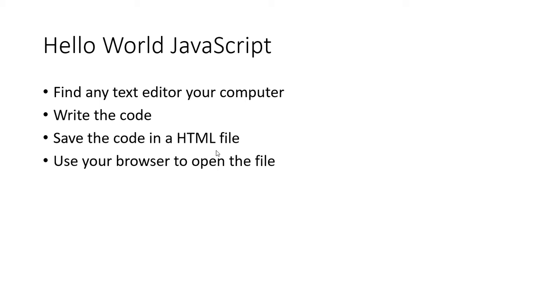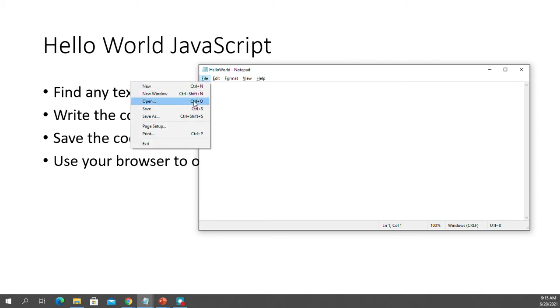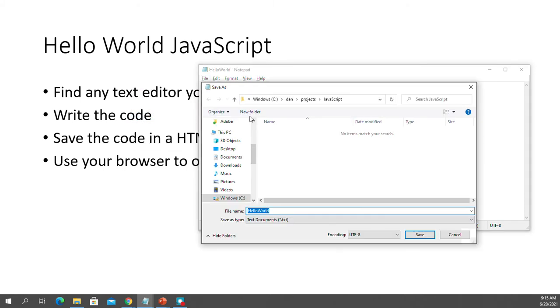So I'm going to do this part. I start Notepad here, and notice that I have the file name hello world. When you save the file, you need to choose All Files, and then that will become the HTML file. Otherwise it becomes a text file, which is not convenient because the file association with the browser is better.